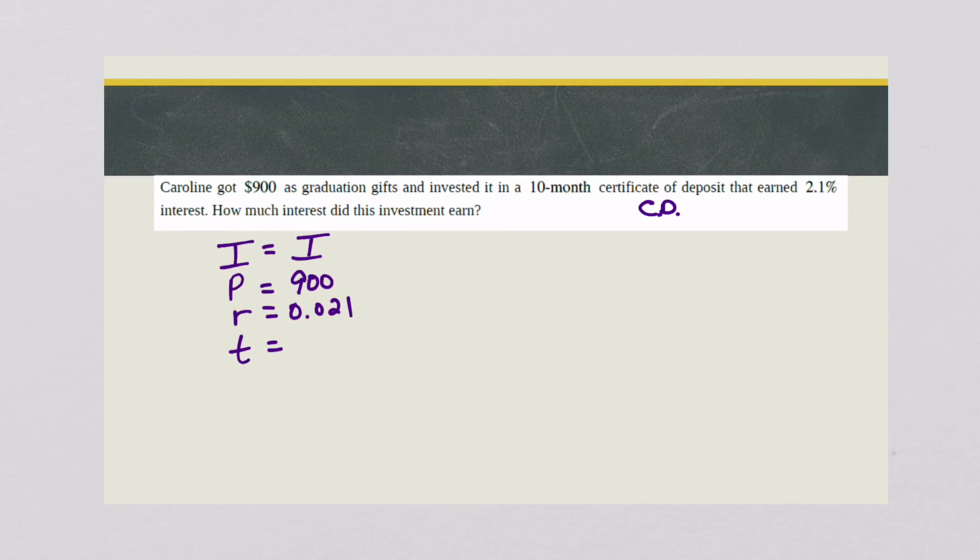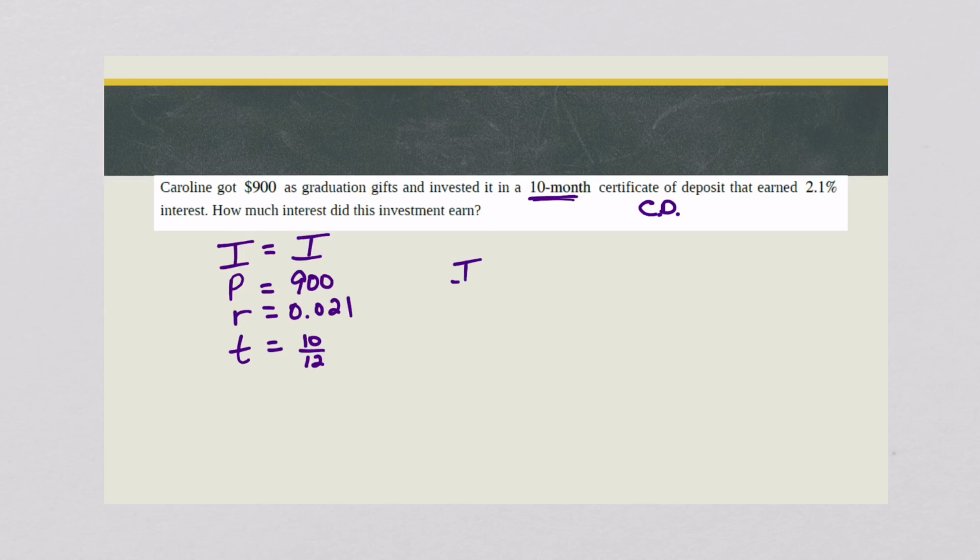Now her time, you have to be careful with this. Notice time is always in years, but I'm not given years. I'm given months. So my time is actually going to be 10 out of 12. Because remember, 12 out of 12 would be 1 year. This is 10 out of 12 since it's in months.